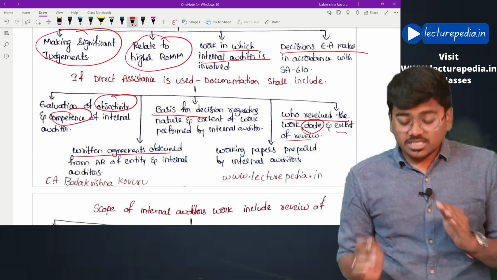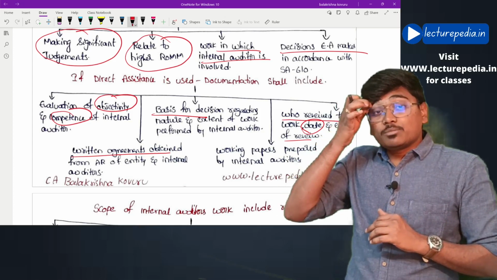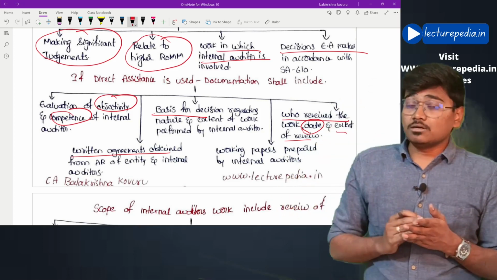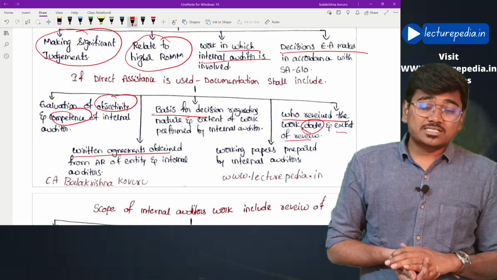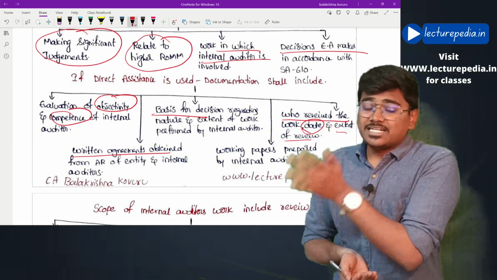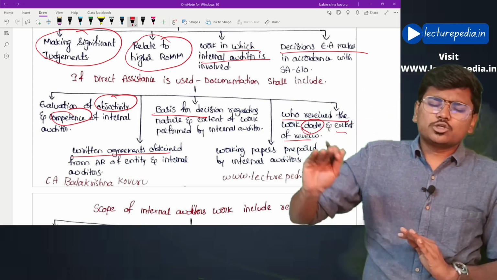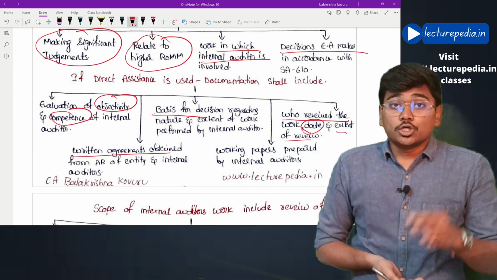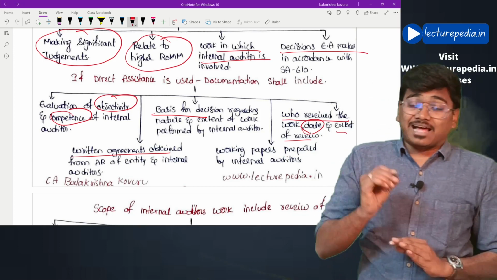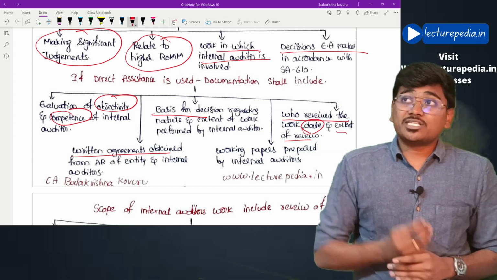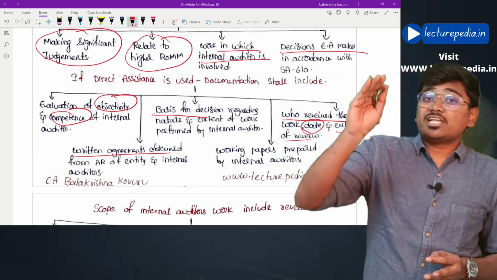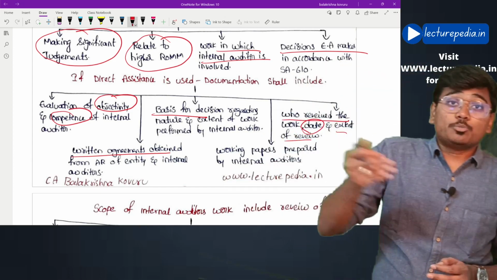Next, there will be a written agreement that will be obtained from the management, right? If you remember SA 610, we discussed that when you decide to use direct assistance from the internal auditor, you should obtain a written agreement from the authorized representative of the management stating that management will permit the internal auditor to provide direct assistance.